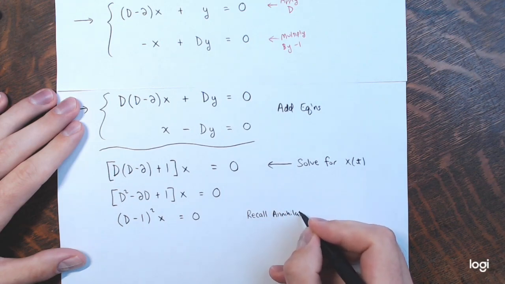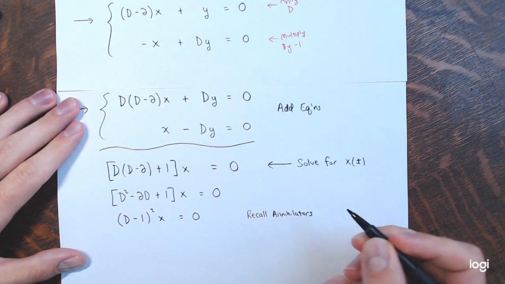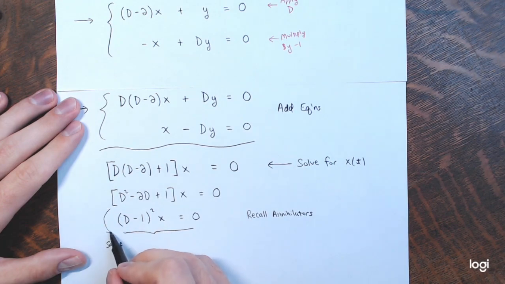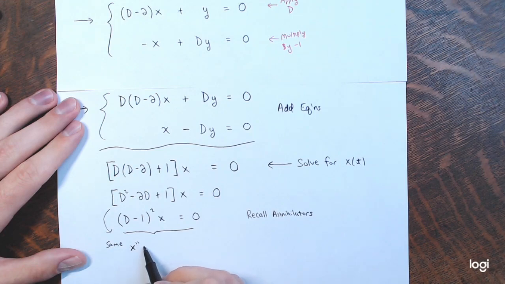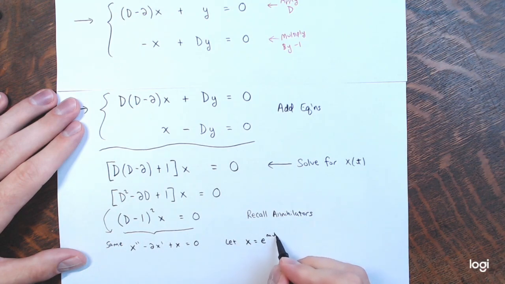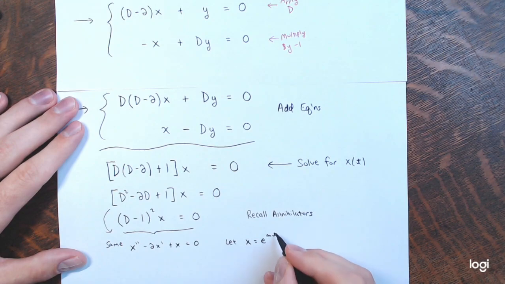If not, this equation is the same as x double prime minus 2x prime plus x equals 0. You have this equation with constant coefficients, and if you wanted, you could let x equal e to the mt. Remember, t is the independent variable here.